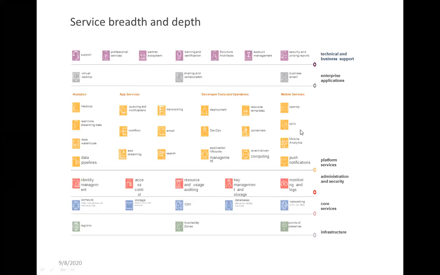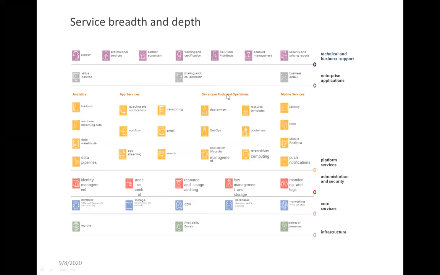Now the platform services. There are so many platform services available, like analytics, application services, developer tools and operations, and mobile services. In the analytics, you can have Hadoop analytics, real-time streaming of data, data warehouse, data pipelines. In the application services, there are queuing and notification, transcoding, emailing, workflow, application streaming, search.